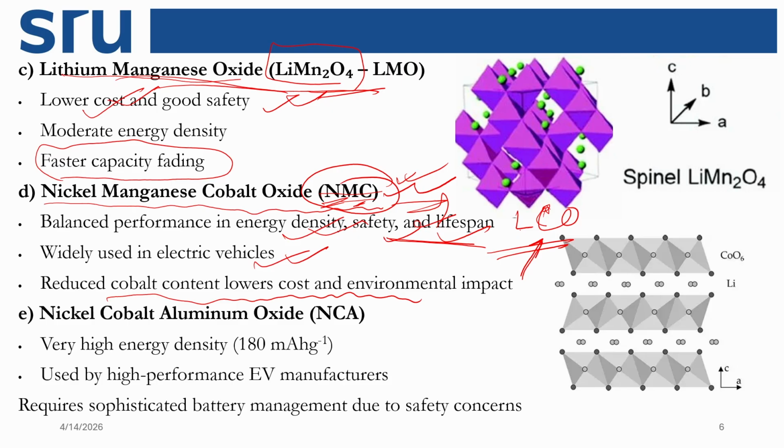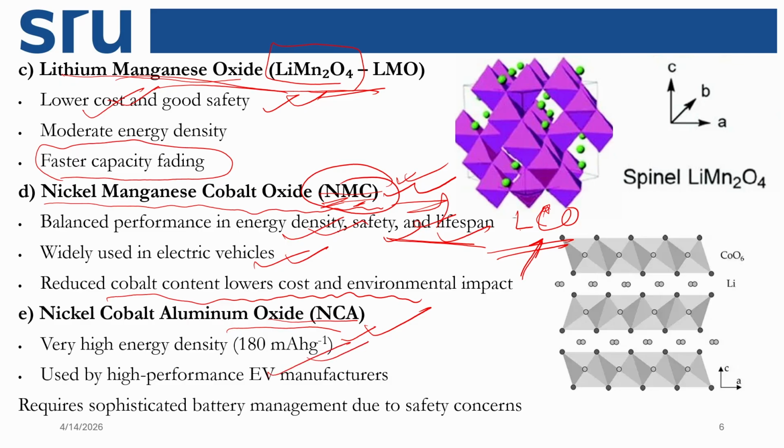Another compound is called nickel cobalt aluminum oxide. Here also we are replacing the cobalt with some amount of aluminum and nickel. The capacity of this compound is 180 milliampere hour per gram, and it is also used for high performance electric vehicles.